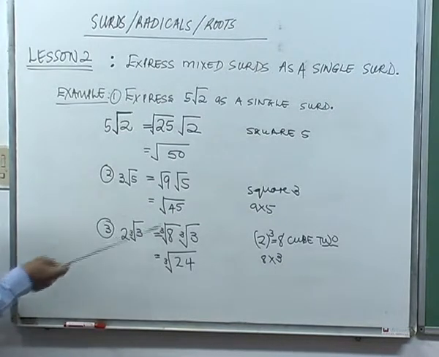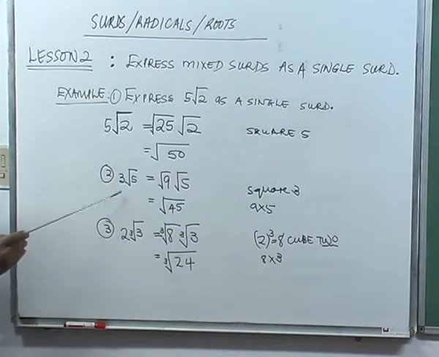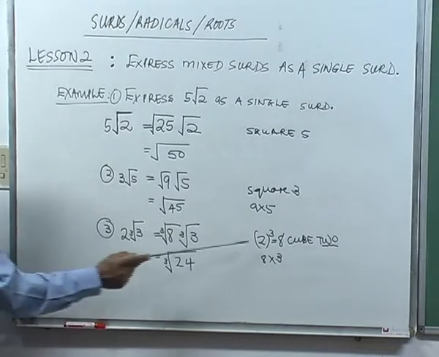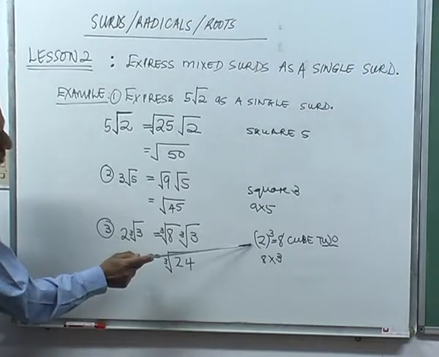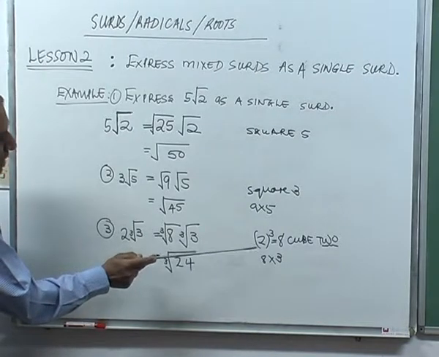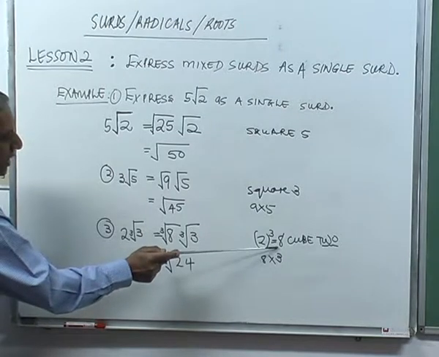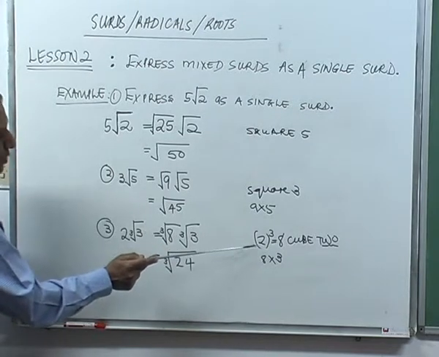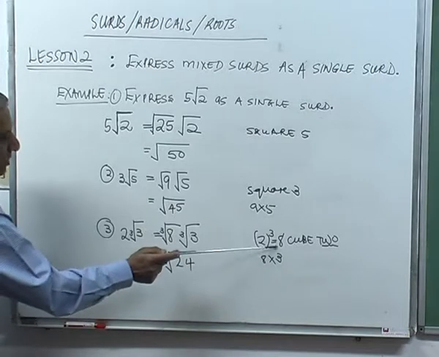Let's take the next example. And be careful, in this example it's cube root. So you can't use the same rule like that. It's cube root. Therefore you must take 2 and cube it. Cube 2 means 2 times 2 times 2, which gives you 8.